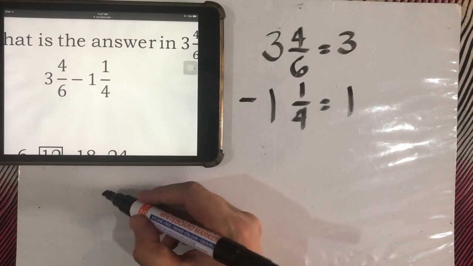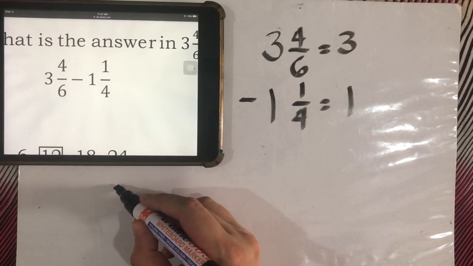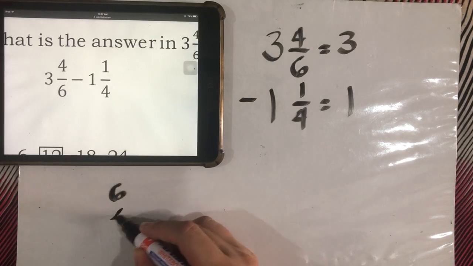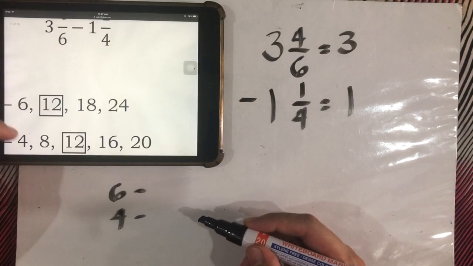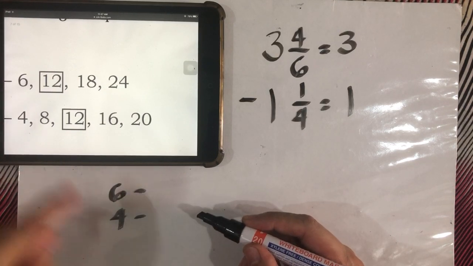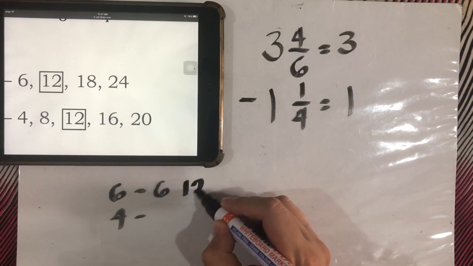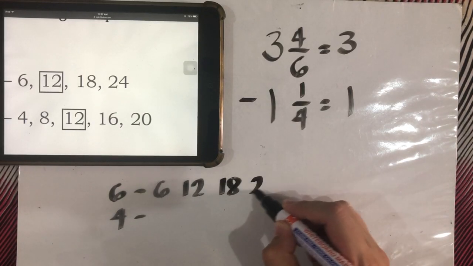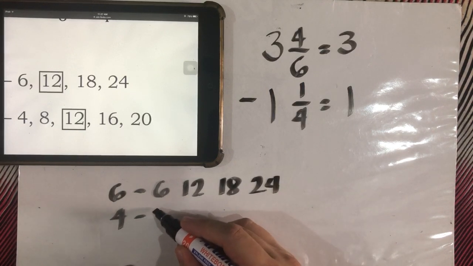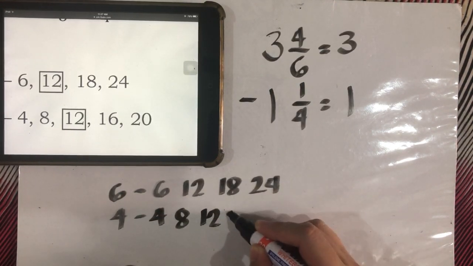So let's try in this example, get the denominator 6 and the denominator 4. Kunin yung multiples niya. So 6 times 1, you have 6. 6 times 2, you have 12. 6 times 3, you have 18. 6 times 4, you have 24. 4 naman, you have 4, 8, 12, 16.